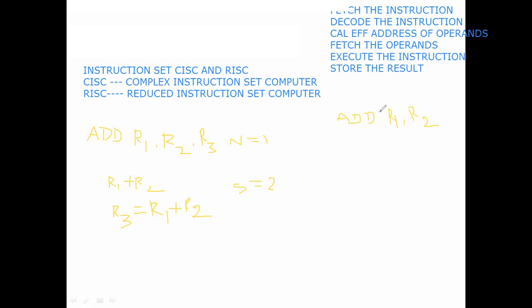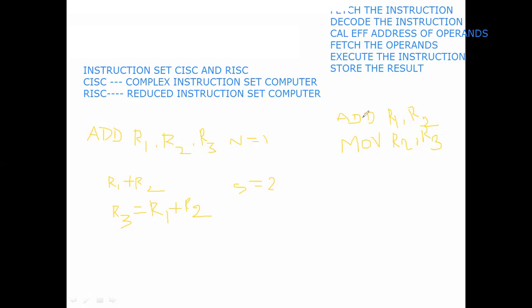Only one instruction, and per instruction how many steps? 1 step. If we want the result in the R3 register, then we take another instruction, that is move R2, R3. Whatever the result in the R2 register will be moved to the R3 register.